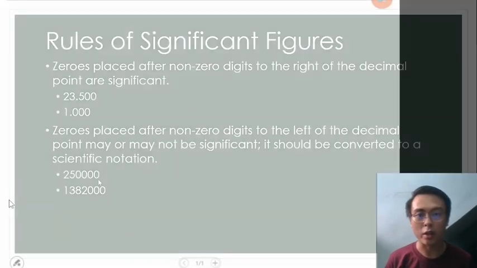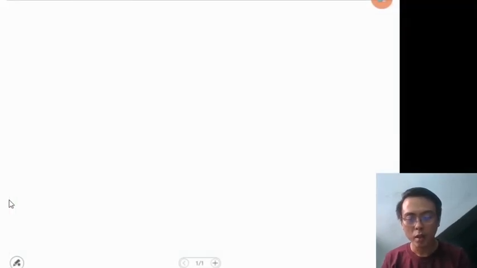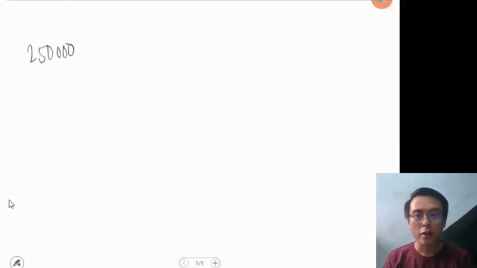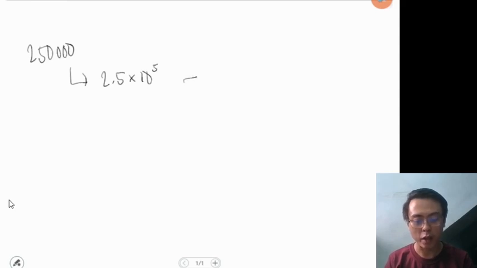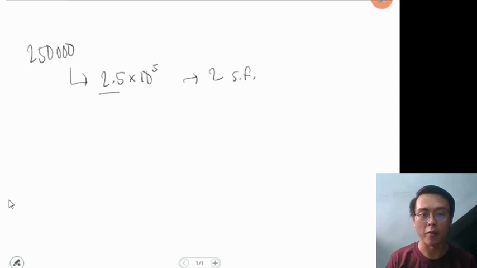To further illustrate that, let's see the number 250,000. If I write this number as 2.5 times 10 raised to 5, in this notation this has 2 significant figures because we are only counting the 2 and the 5.